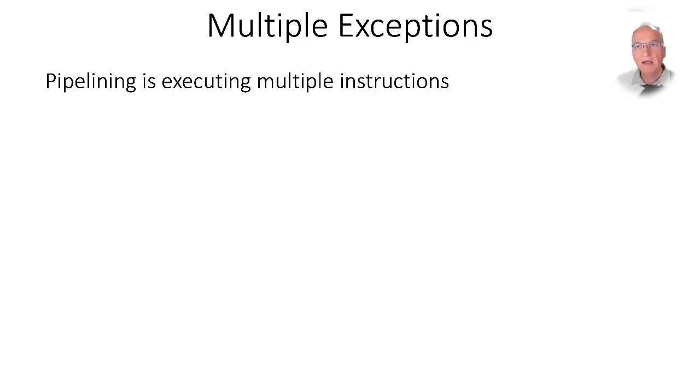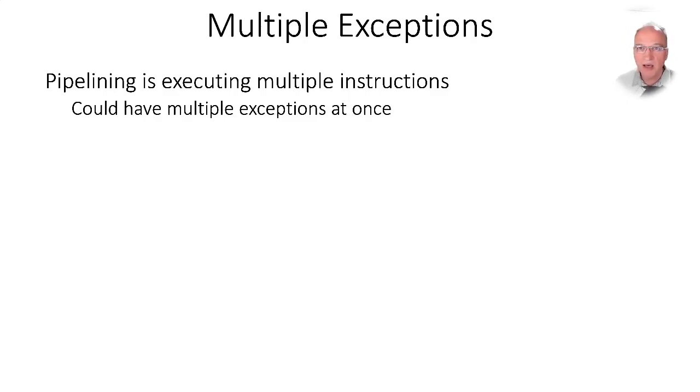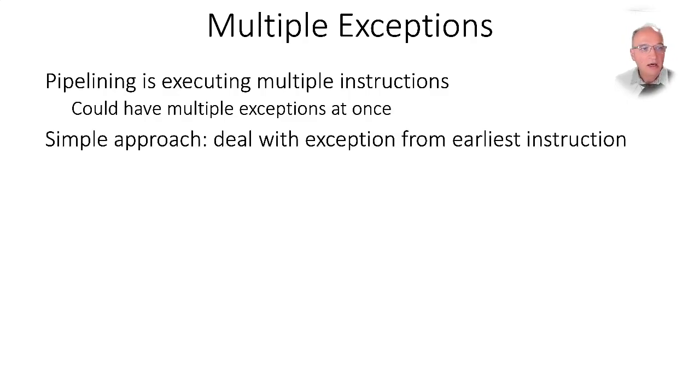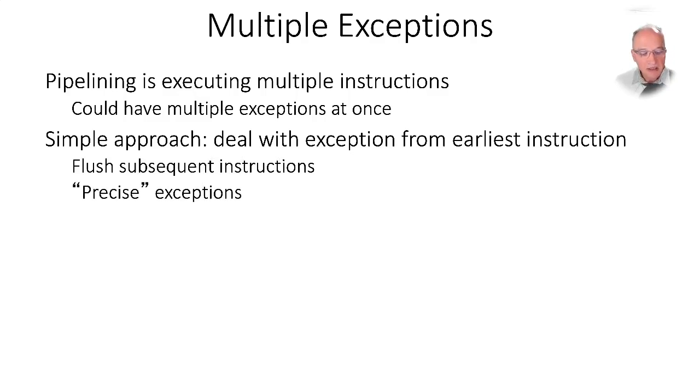The pipeline at any given time is executing multiple instructions. I could have multiple exceptions happening at the same time in the pipeline. One simple approach would be to deal with the exception from the earliest instruction first and flush out subsequent instructions. But I would like to have precise exceptions, and this would be a precise way to handle exceptions.